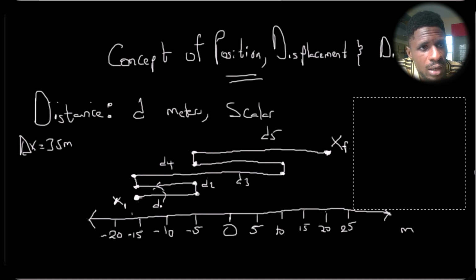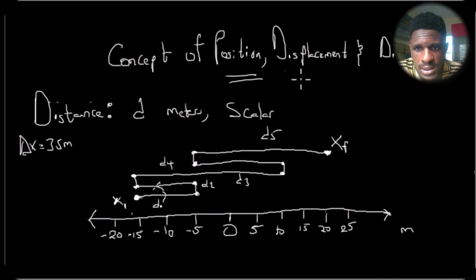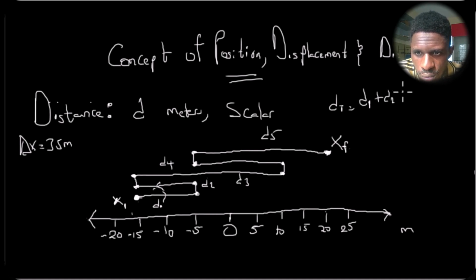So we're saying the total distance, d total, must be equal to d1 plus d2 plus d3 plus d4 plus D5. All right.